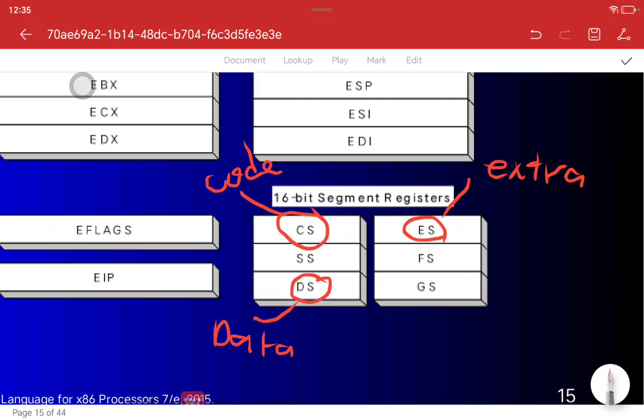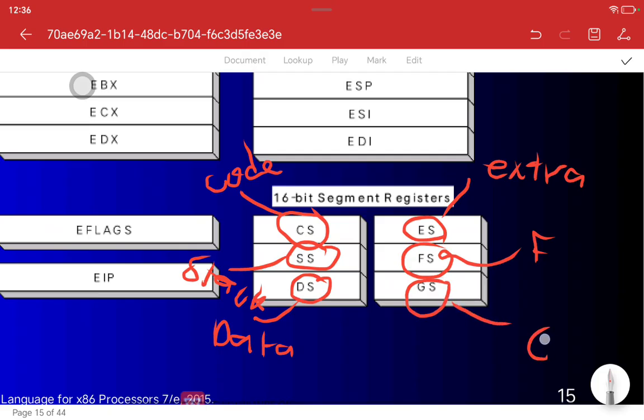And we know that this S here will be for the stack segment. Then these two, F and G, are just called the F segment and the G segment. These segments we're just gonna use for the main purposes of, let's say, an index or a table indicator and so on.